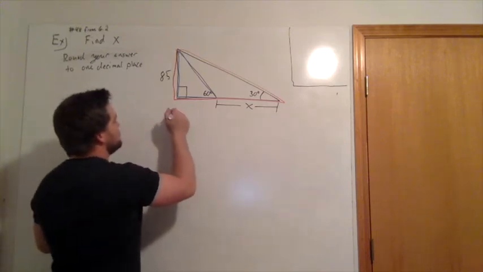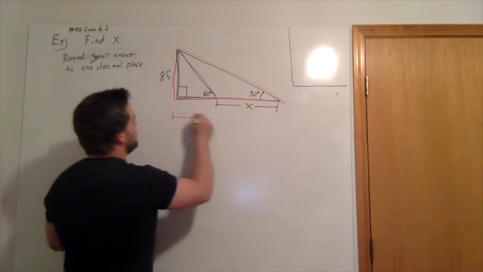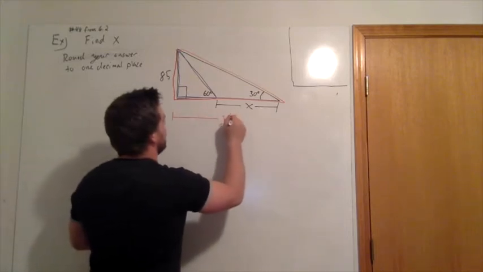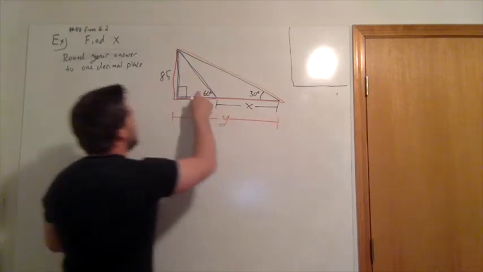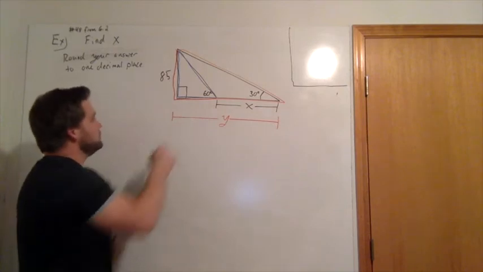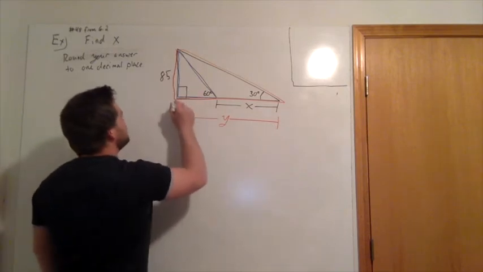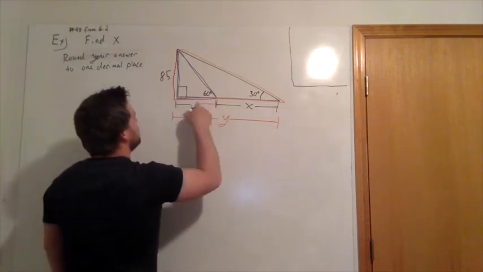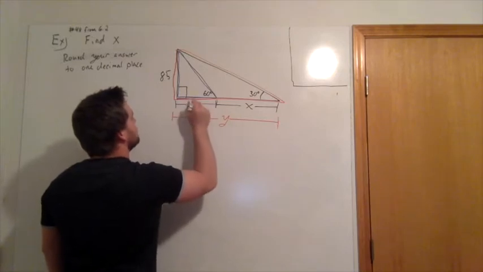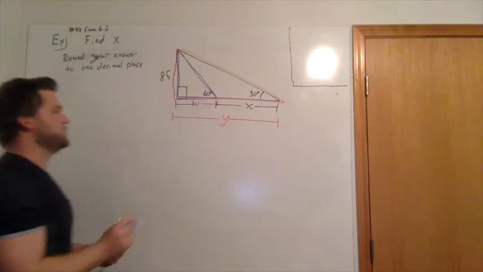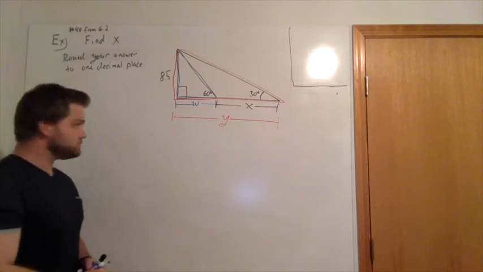For the larger red triangle, how about we call its adjacent side y? And for the smaller blue right triangle, we'll call its adjacent side w. You could label them with whatever variables you'd like.